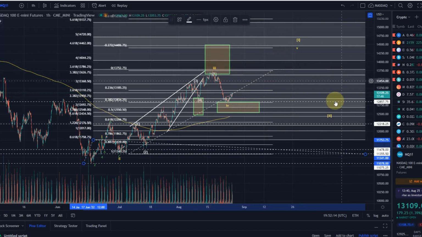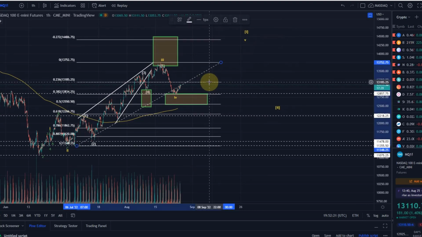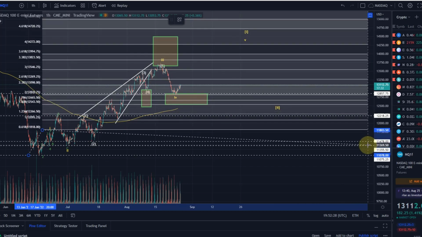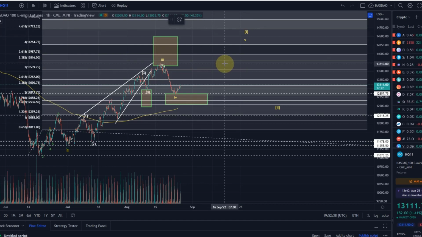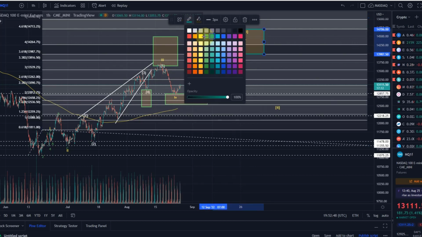So theoretically, all the wave 5 really needs to do is to move above the wave 3 high. But a key level would be, in my opinion, the 3.618 extension. So we can put that on the chart. That's how I would see it at the moment, all the way up to the 4.618 extension. So this is an area I'll keep an eye on. That's quite a bit of a distance from here.